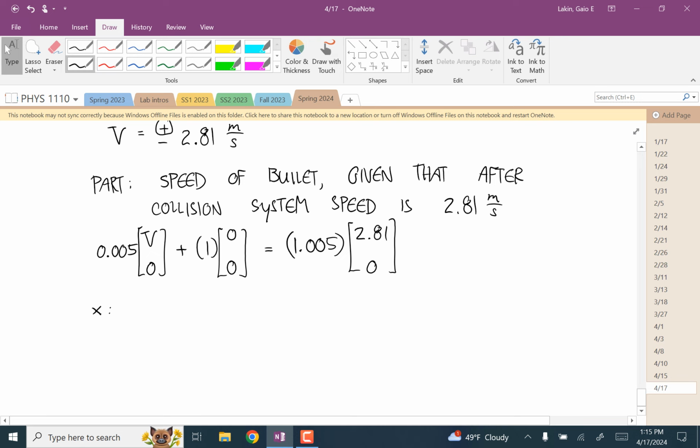So the x equation says 0.005 v plus 0 is equal to 1.005 times 2.81. I left off the v here.